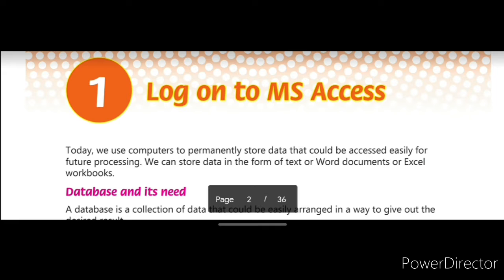Input, what is input? Input is anything that you add into the computer. You give input to the computer to get the desired result. What are the examples of input devices?